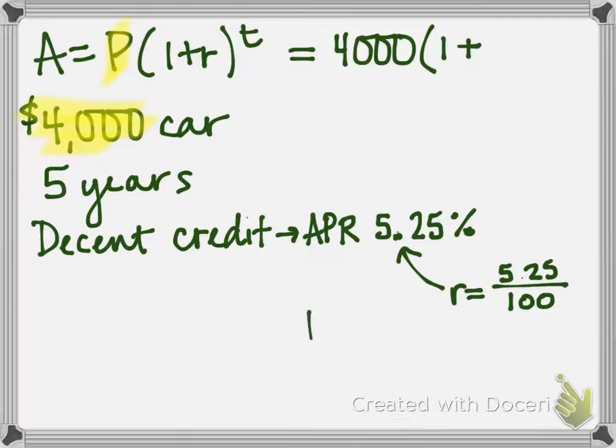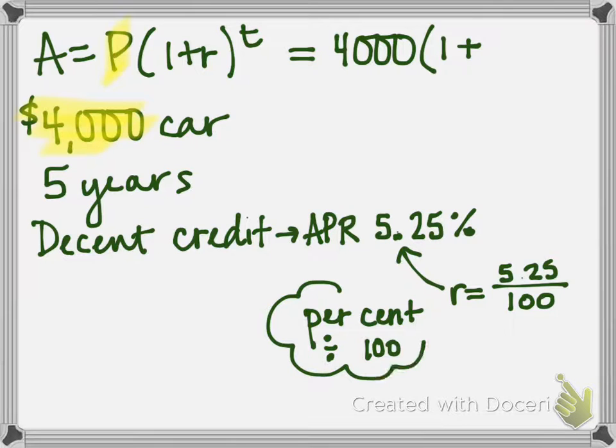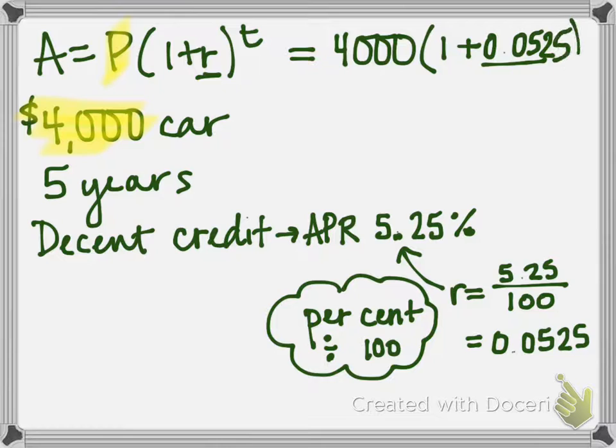Did you know that per in math land means divide, and cent, there's 100 cents in a dollar, so they're telling you to divide by 100. That's a side thought. So for that 5.25, most of you can do this in your head real quick, but the rest of us hit divide on the calculator, and that gives us 0.0525. That's going to go up here for the rate, 0.0525.